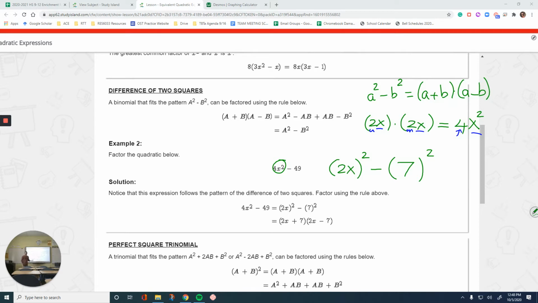Now, this is the difference of two squares. And all you have to do, once you have a base squared minus another base squared, pick your bases, 2x and 7, right? Add them, subtract them, multiply them. That's how you break it down, if you have difference of two squares.